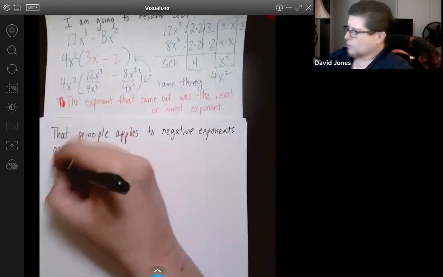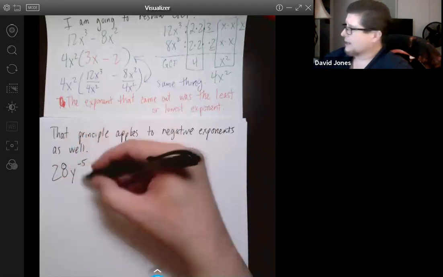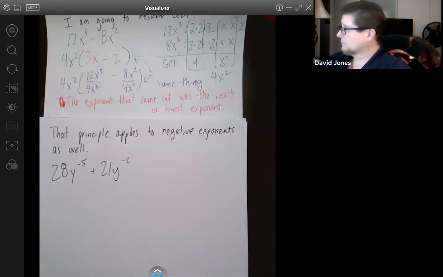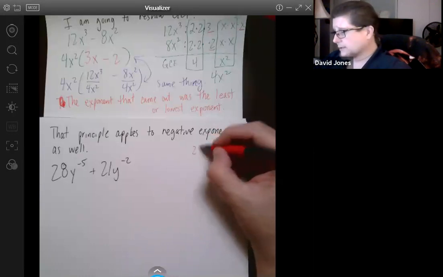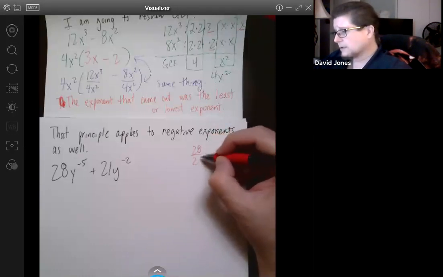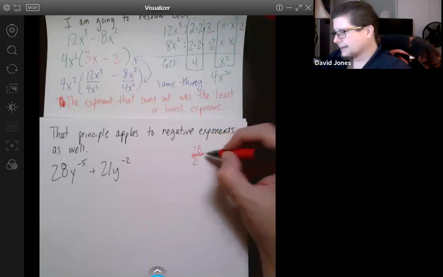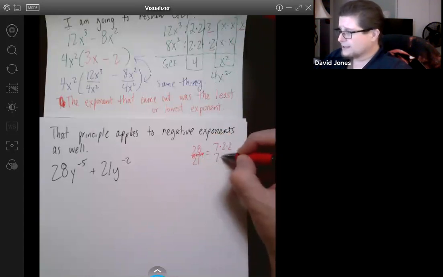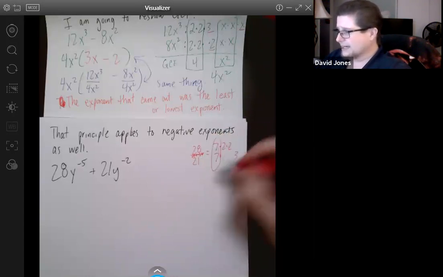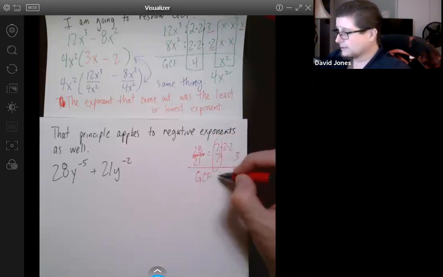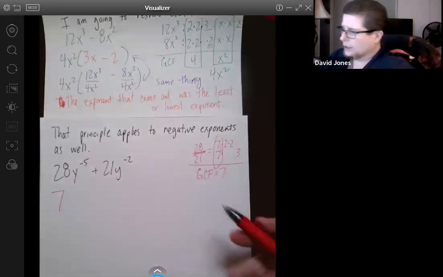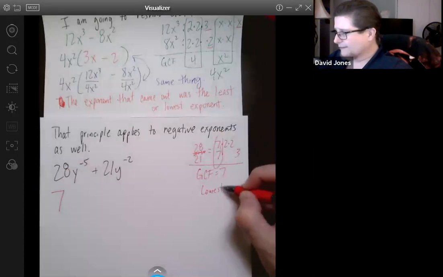For example, 28y to the negative 5th plus 21y to the negative 2. Well, if I look at the 28 and 21, this is 7 times 4, which is 2 times 2. This is 7 times 3. The GCF is a 7 for the numbers. So I'm going to pull out a 7. And the lowest exponent is negative 5.